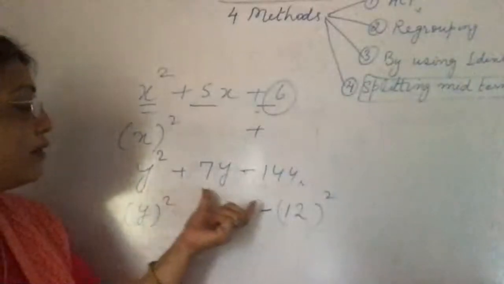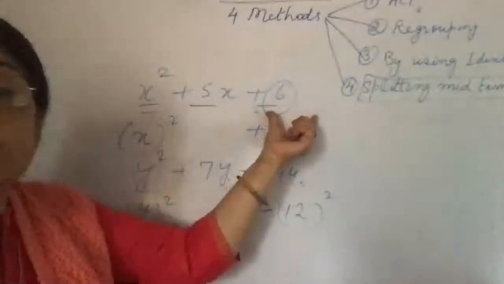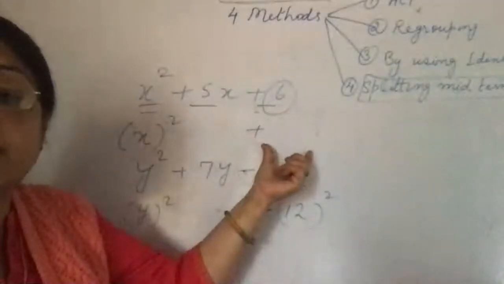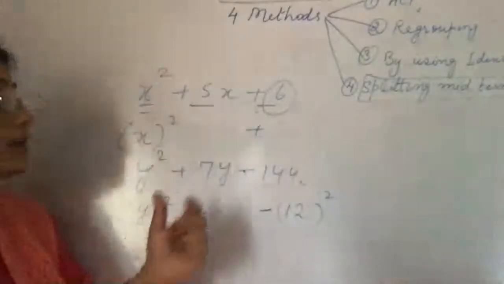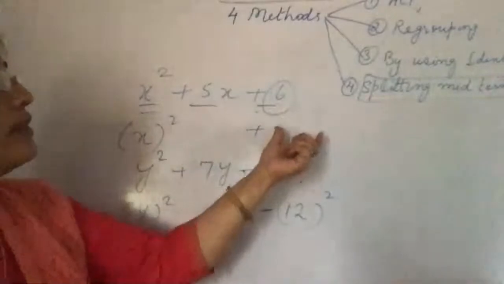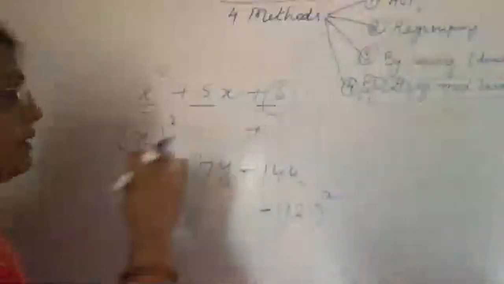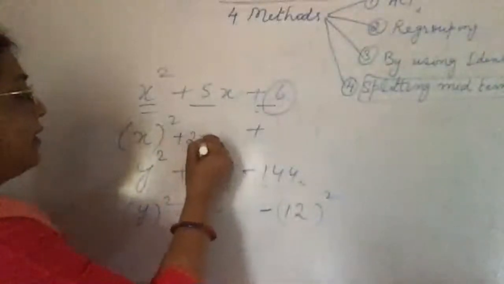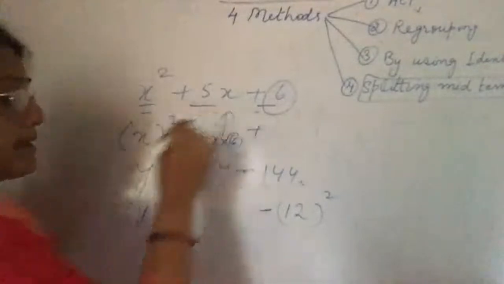Third, we check whether it is a perfect square number or not. We can represent it as a square, but 6 is not a perfect square number. If you take root 6 whole square we will get it, but when you multiply we will never get the 5x.